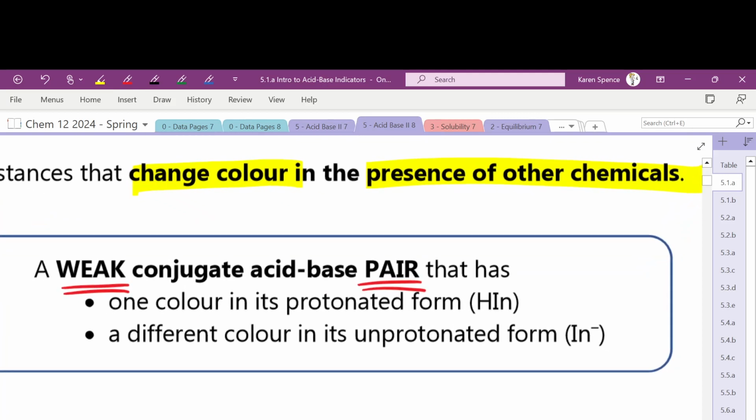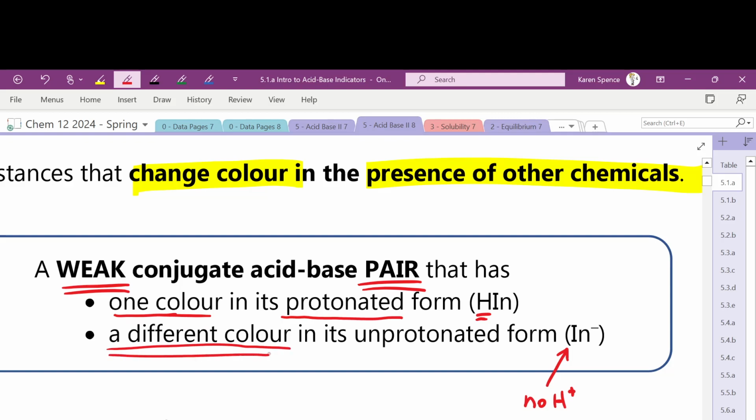So you have the protonated form with the proton, so we have the H, and we have the unprotonated form that is missing an H. And they each have different colors. So we have one color and we have a different color.